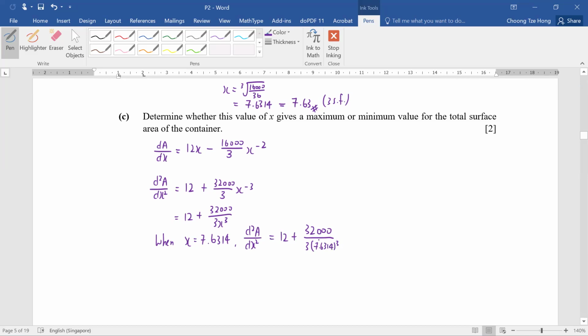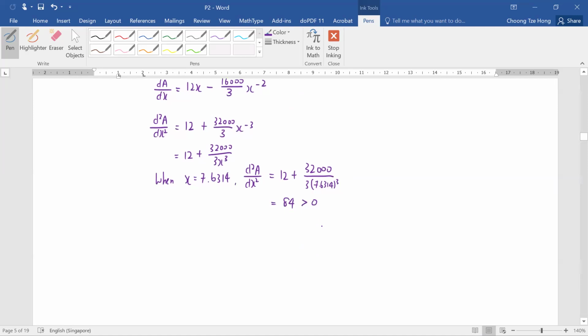If you use the exact value, you will find that it equals 84. So d²A/dx² is greater than 0. If you recall, if d²A/dx² is greater than 0, then this particular value of x, 7.6314, gives us a minimum value for A.